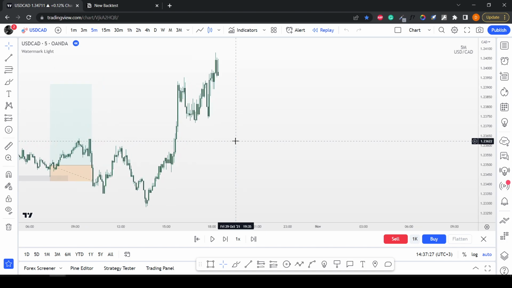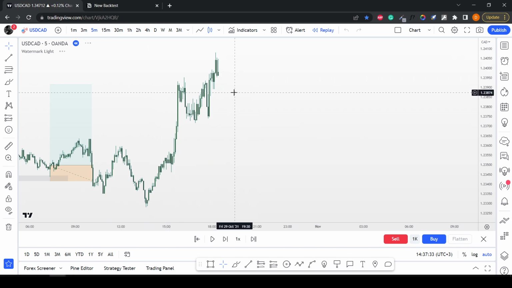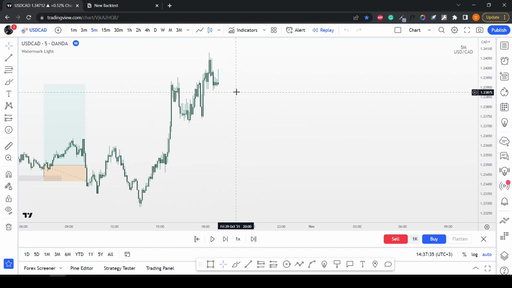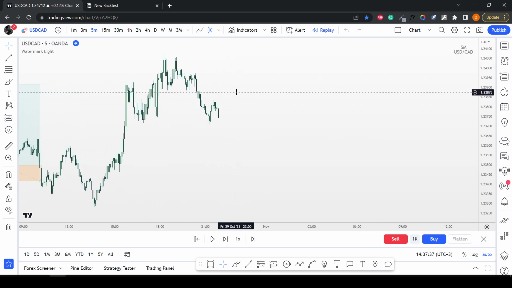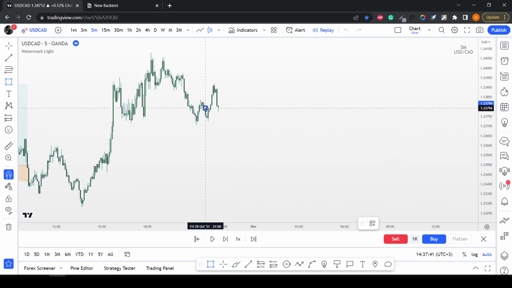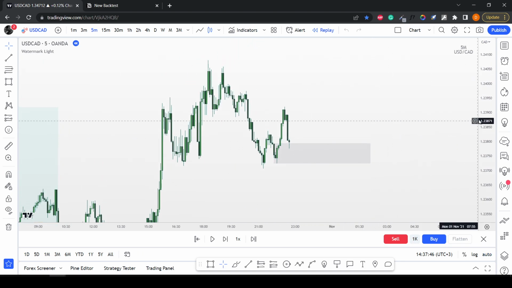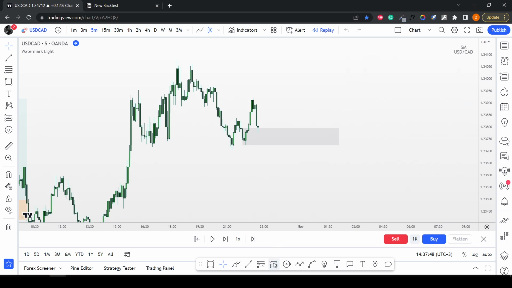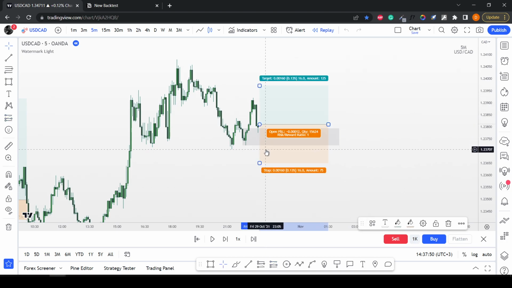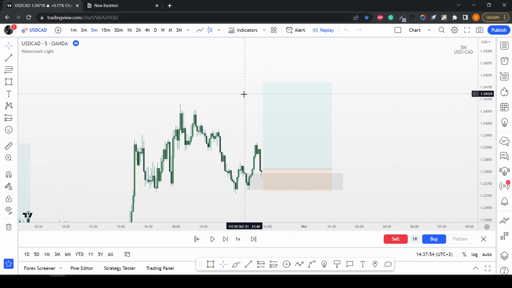Starting a run. Let's switch to 5 minutes. Oh, we're already on 5 minutes. I want some reaccumulation, to be honest. Yeah, something like this. And now happy to enter from this shift, if we break above this candle.